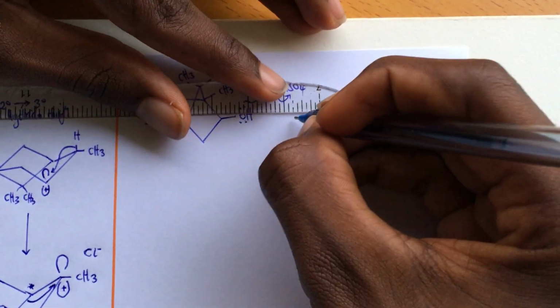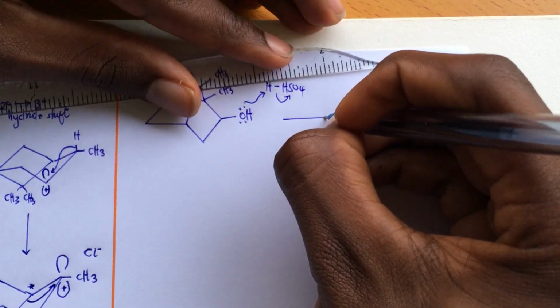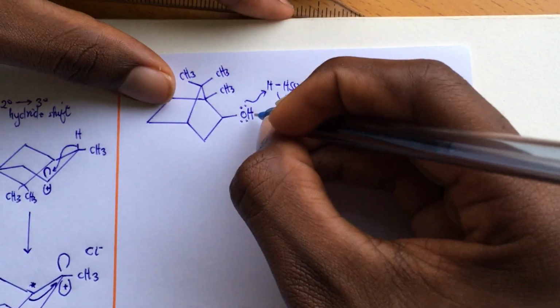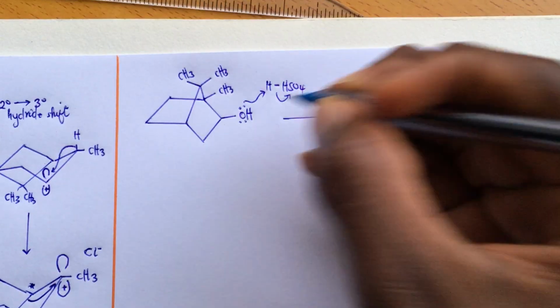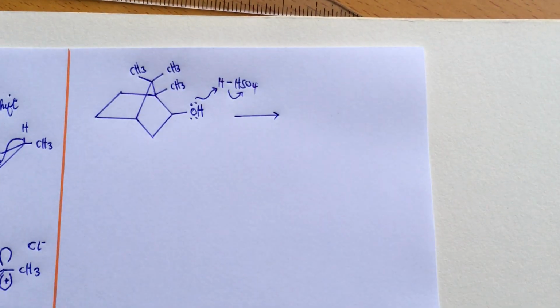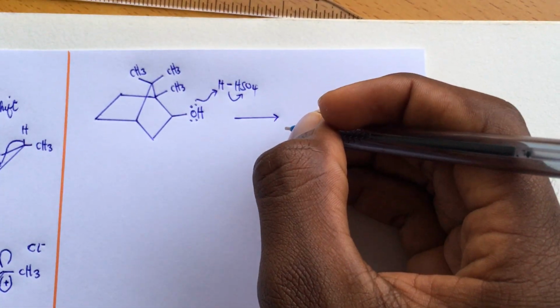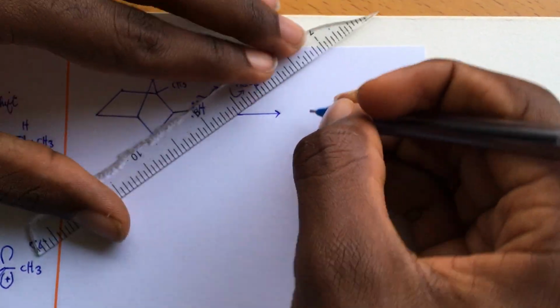Right, so from here I'm going to move straight into the formation of the carbocation, because you know what is going to happen. This will form a water and it will leave, and now you are going to generate your carbocation. So I'm just skipping this particular step and create my carbocation straightforward.